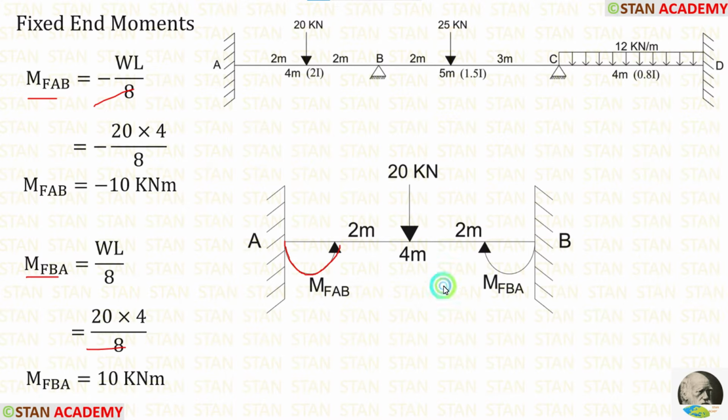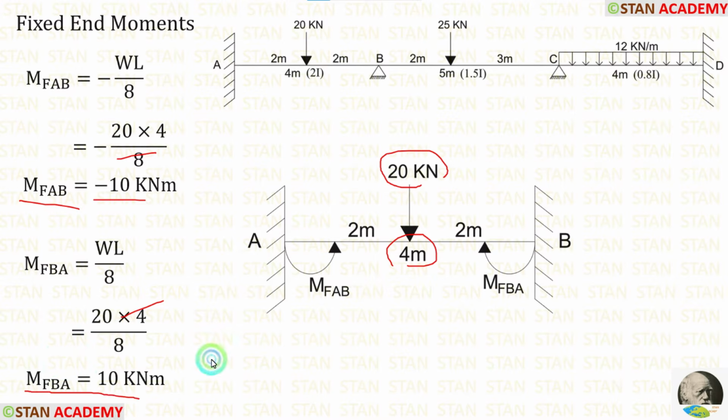MFBA will be positive because it is acting in the clockwise direction. Let us apply the values inside the formulas. W is 20, L is 4. After calculations, we are getting MFAB is equal to minus 10 kN meter and MFBA is equal to 10 kN meter.